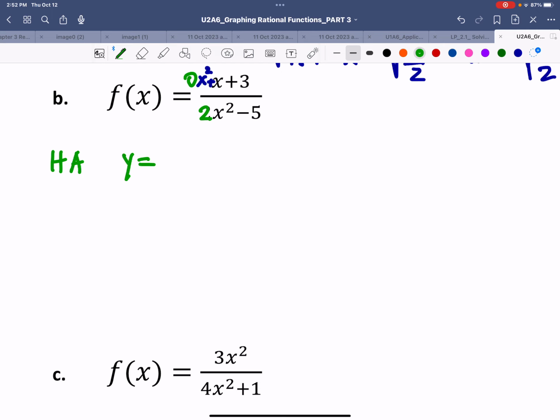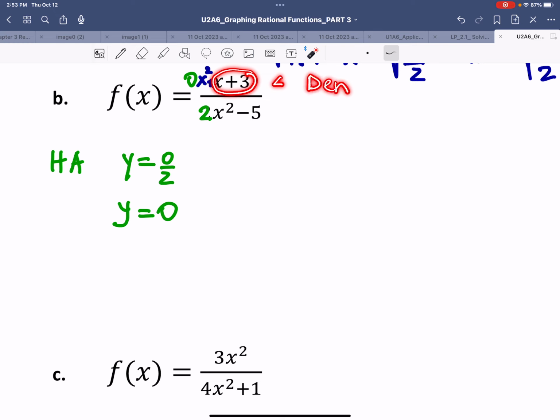So y equals 0 over 2, or y equals 0, same thing. Or we can also remember the fact that the degree of the numerator is less than the degree of the denominator, that automatically makes the horizontal asymptote at y equals 0.